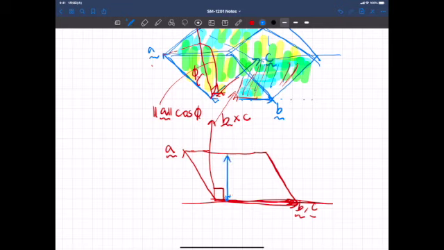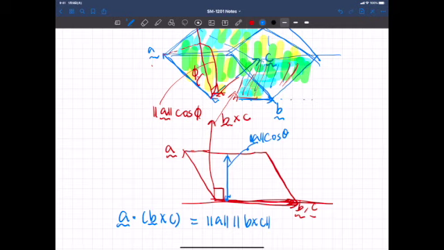But this length is cosine phi times the modulus of A. So that means A dot B cross C represents the modulus of A times the modulus of B cross C times cosine phi. But B cross C represents the area of this face, right?